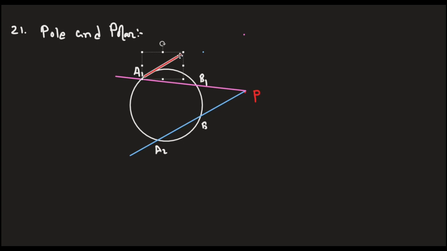So I am getting the tangent at the point A. Next, we have to draw the tangent at the point B1. So at the point B1 we are going to draw the tangent from here, like this.